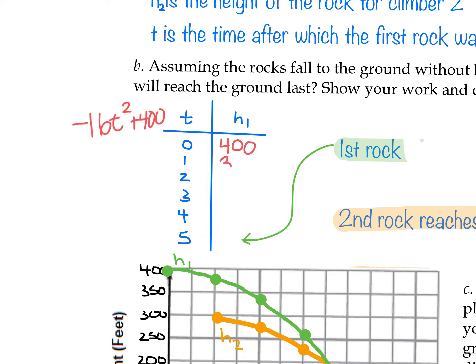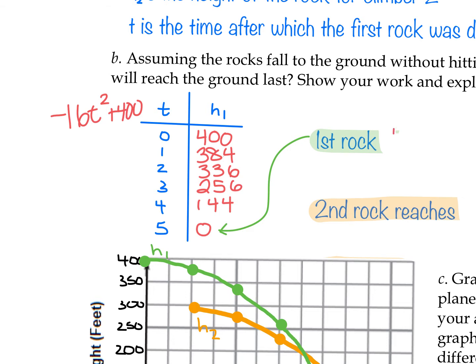After 1 second, the rock is at 384. 2 seconds, 336. 3 seconds, 256. 4 seconds, 144. And then 5 seconds, it's back to 0 height. And if the height is 0, that's when it hits the ground. This is when the first rock hits the ground.